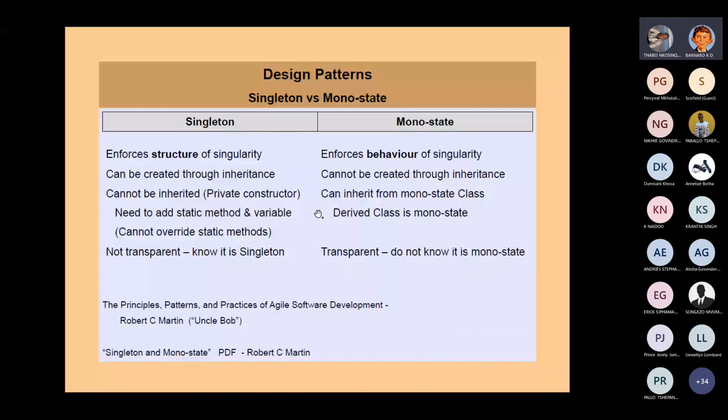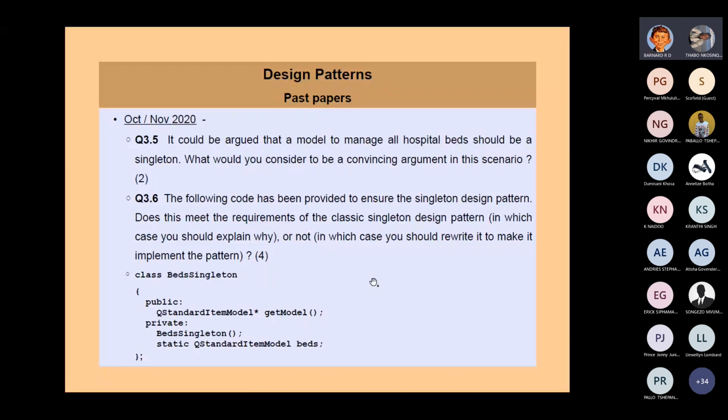Okay, then looking briefly at past papers. This is from October, November 2020. This question paper had a scenario that was based on a hospital admin system. And the question was, it could be argued that a model to manage all hospital beds should be a singleton.